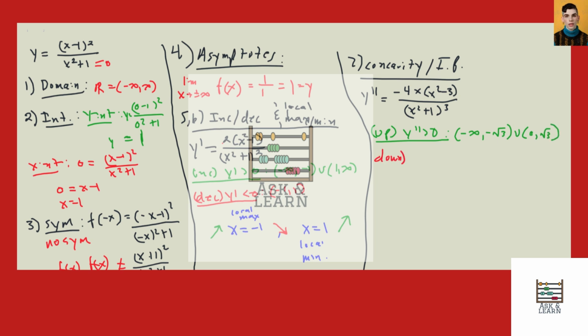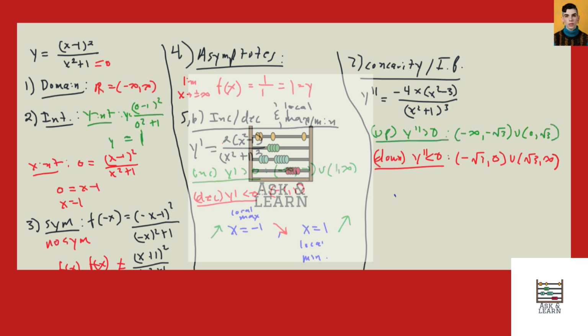Then it's going to be concave down when y double prime is strictly less than 0. And it will just be the rest of the interval. So negative square root of 3 to 0, and then union square root of 3 to infinity.